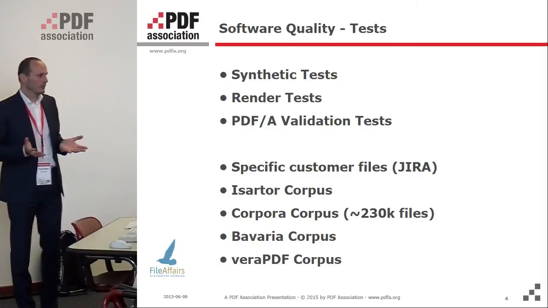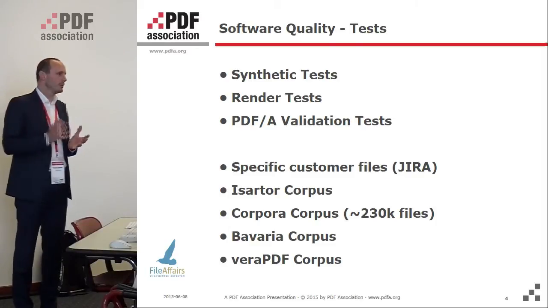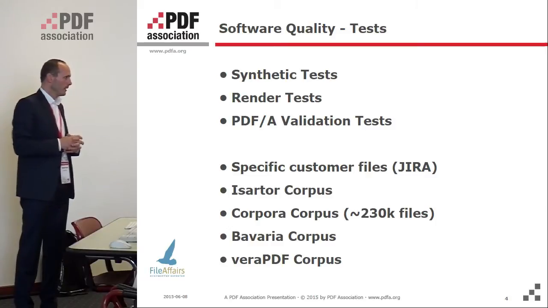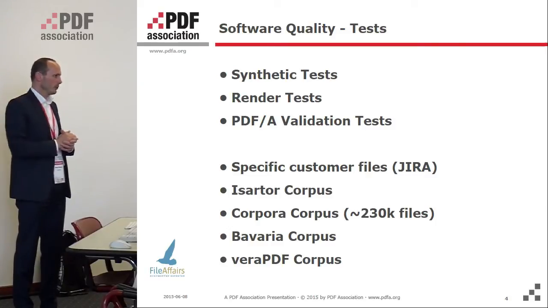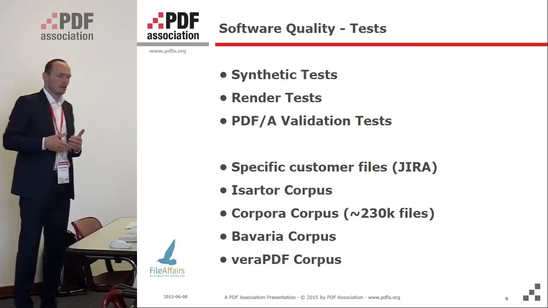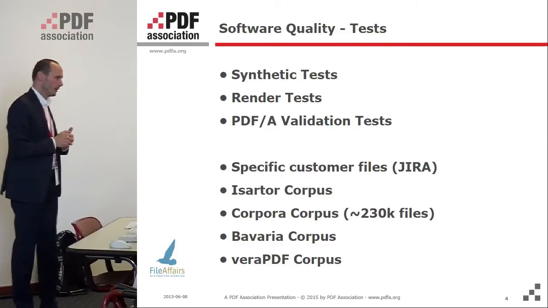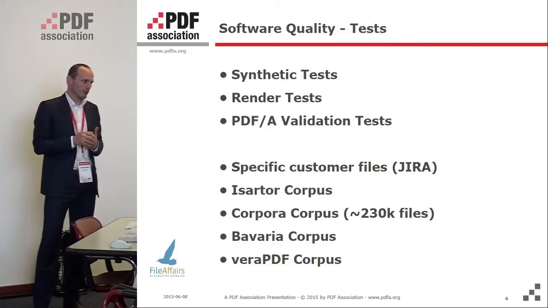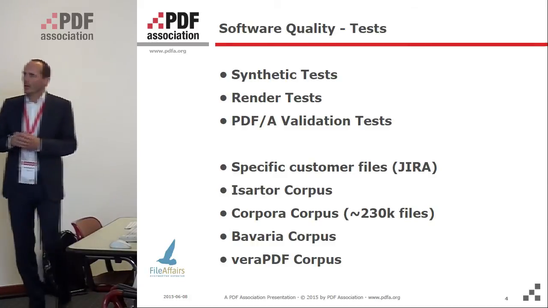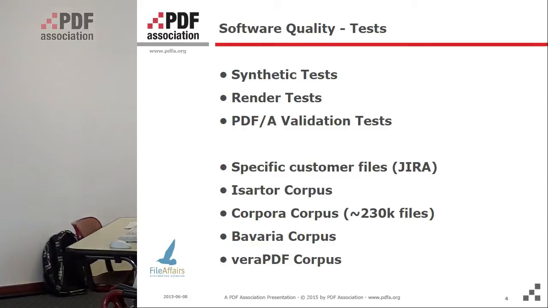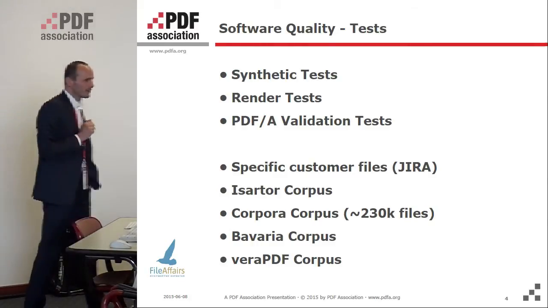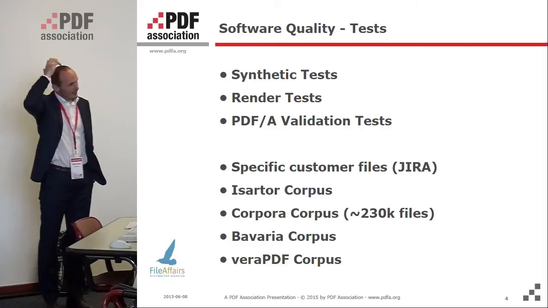These are publicly available, and we picked all the PDF files. These are a little bit more than 300,000 files. And we're using these on a regular basis and running all of our tests through these 330,000 files. And very new to us are the VeraPDF files, so thank you, Boris.